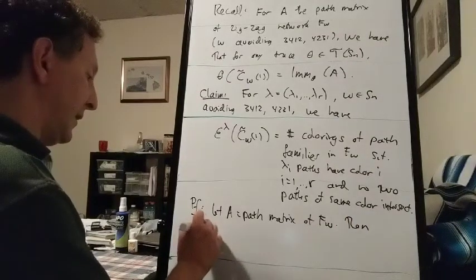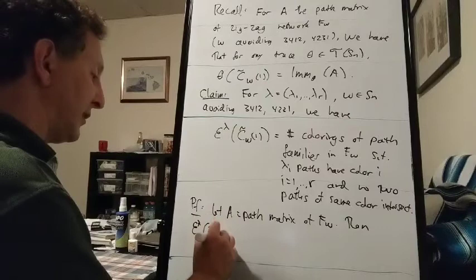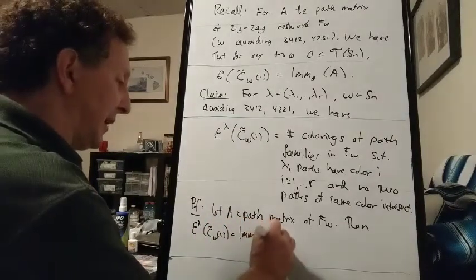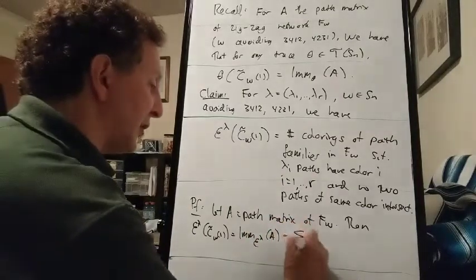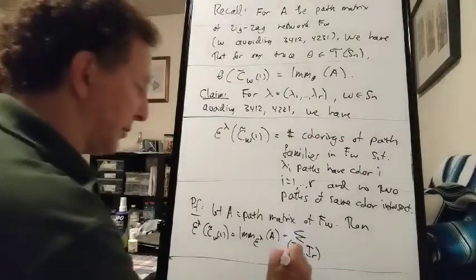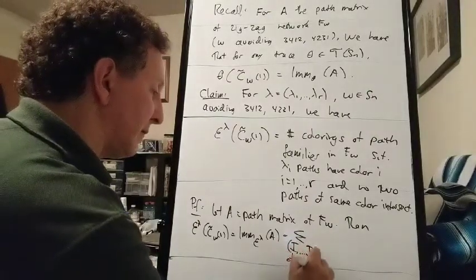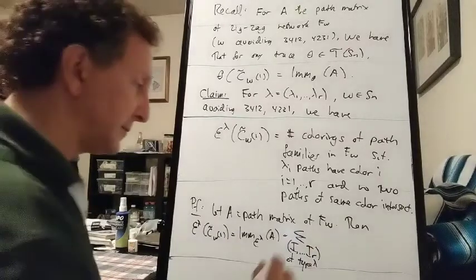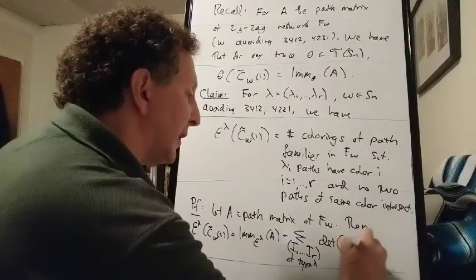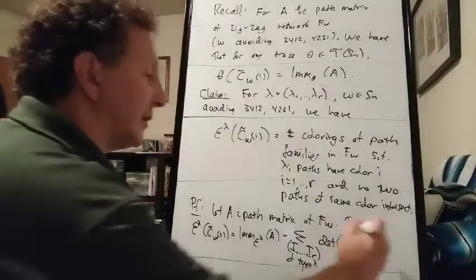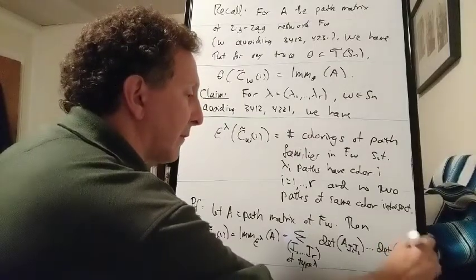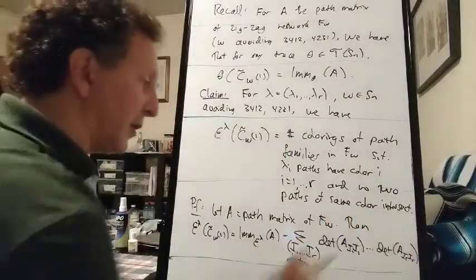Then epsilon lambda of the Kazhdan-Lusztig basis element is the epsilon lambda immanant of A, which is the sum over all ordered set partitions of type lambda of the determinant of A I1 I1, determinant of A I2 I2, etc. So we have a product of R minors there.